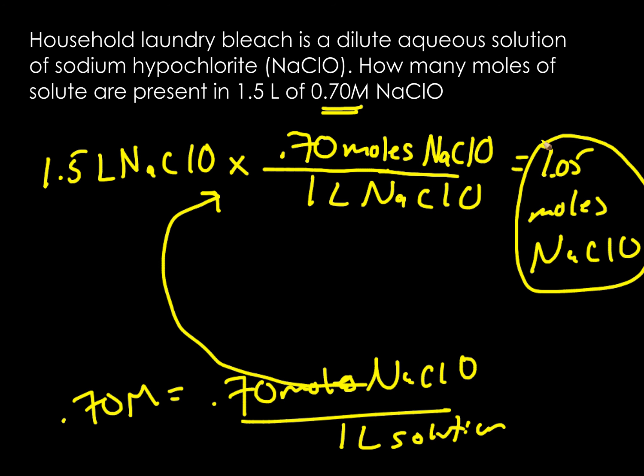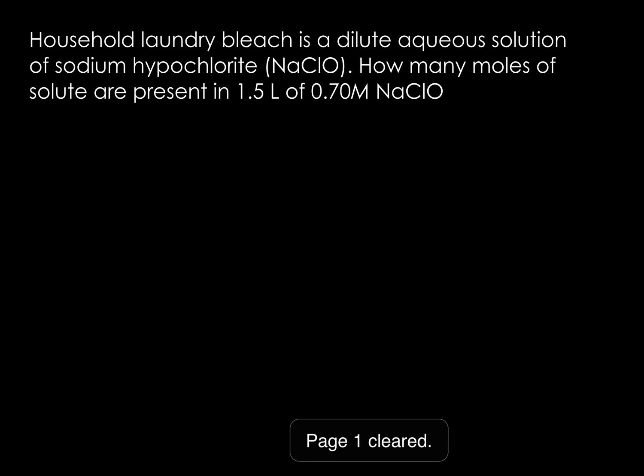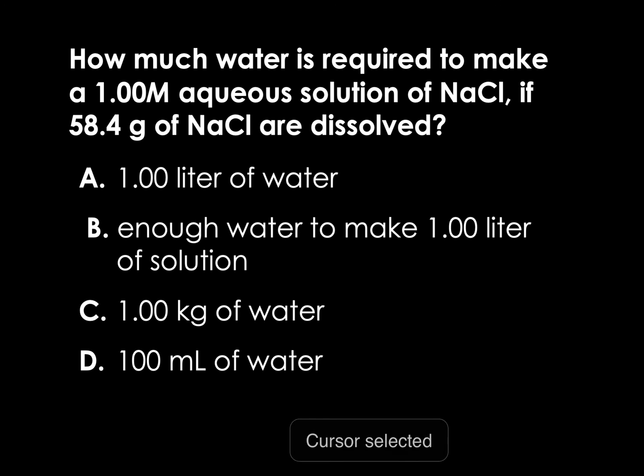Okay, the last question I have here will end the video today. It says how much water is required to make a 1 molar aqueous solution of NaCl if 58.4 grams of NaCl are dissolved.